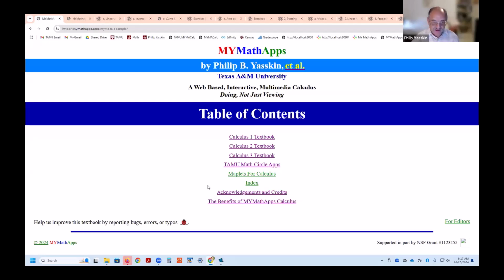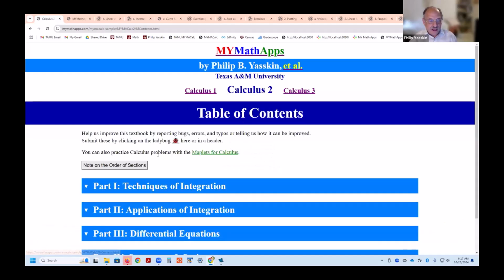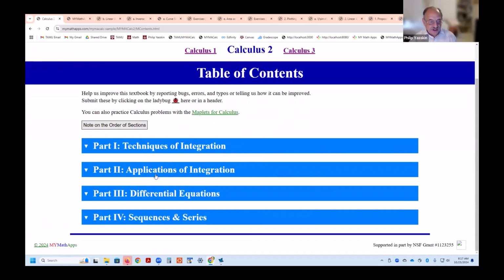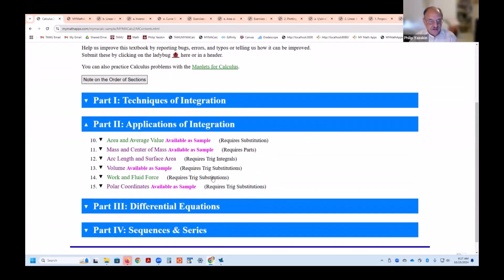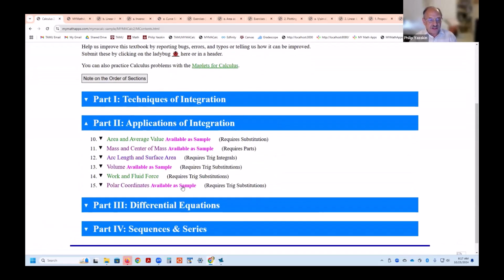Okay. At that website, you can see approximately half the chapters. So here's Calc 2. There are available chapters in Calc 2 in the sample on area, average value, mass, center of mass, volumes, polar coordinates. And they're complete chapters, so you can actually evaluate what is there.